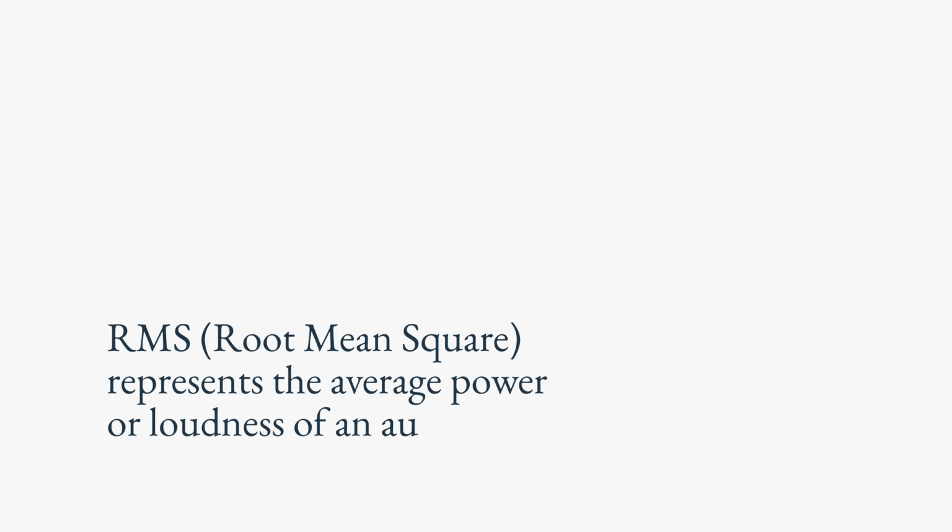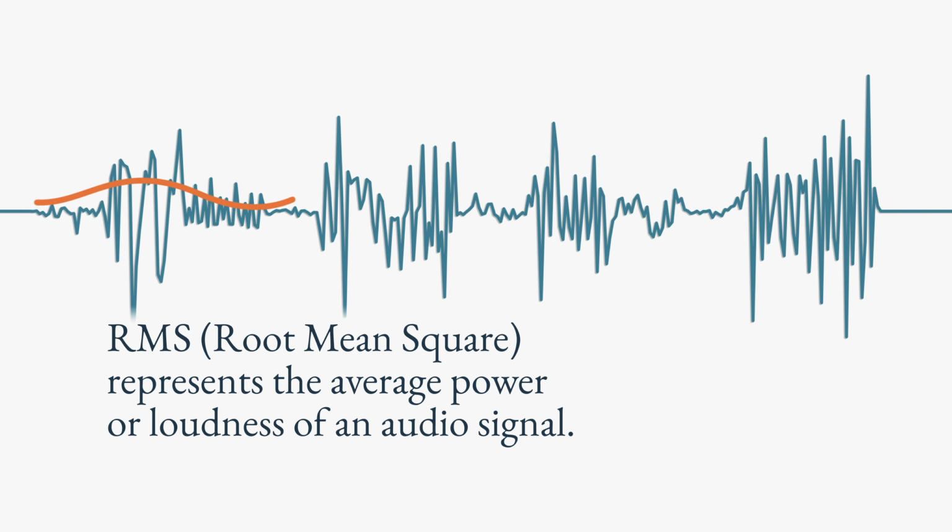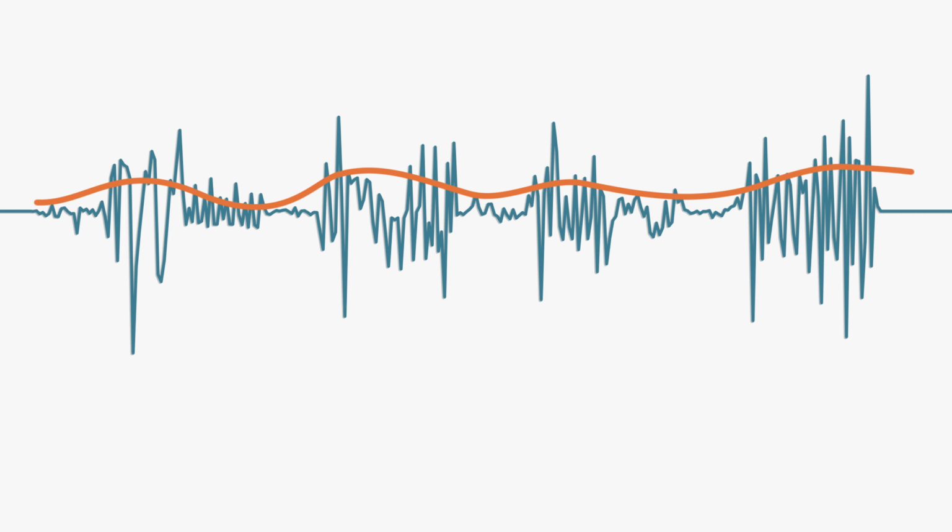If we set it in RMS mode, and by the way, RMS stands for root mean square, a value that represents the average power of an audio signal, the compressor will process the signal considering its average loudness, not its instantaneous loudness, something like the orange line on screen.